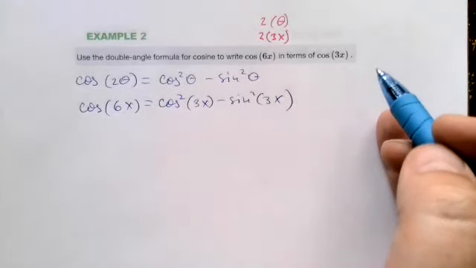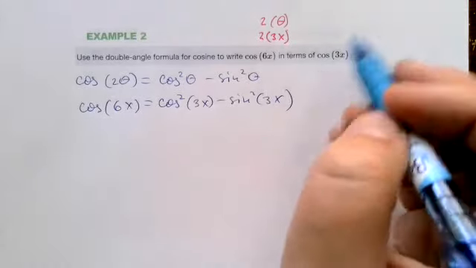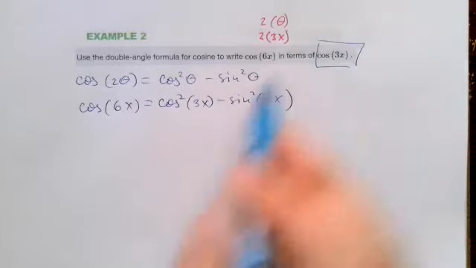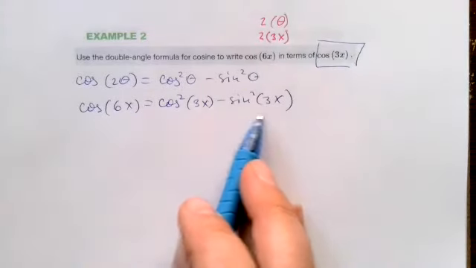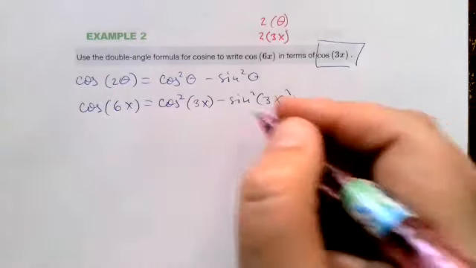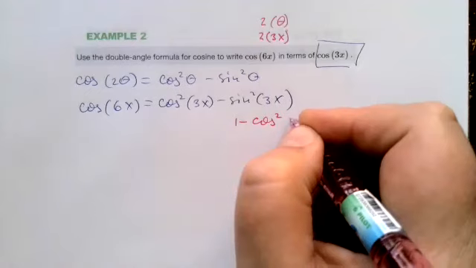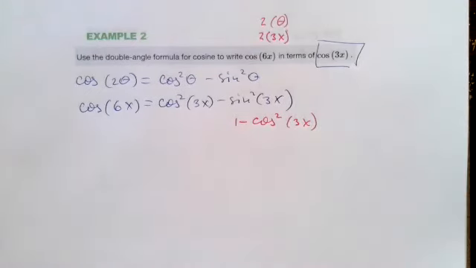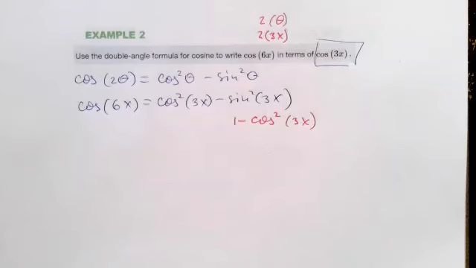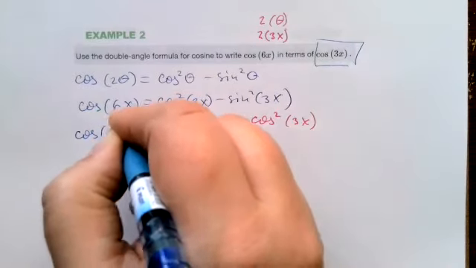Well, actually, that's not it yet, because the objective is to write cosine 6x in terms of cosine 3x only. We have cosine 3x here, but we still have sine of 3x here. So we're going to substitute sine squared with 1 minus cosine squared using our Pythagorean identities. And what are we going to get? Well, let's copy the rest of it.